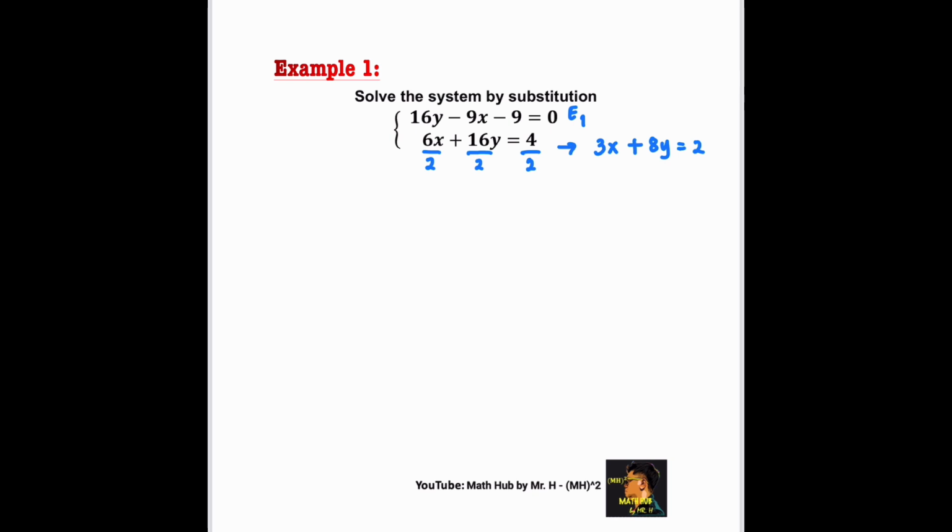This will be our equation 2. You see the coefficients are smaller now. Maybe you're questioning, are they the same? Definitely yes, because if you graph 6x plus 16y equals 4 and 3x plus 8y equals 2, it will give you the same line. We will be using these two equations.